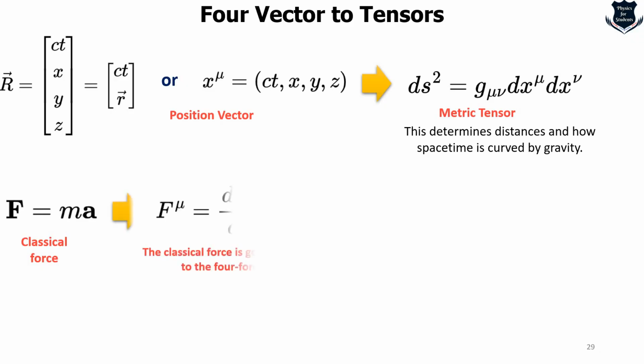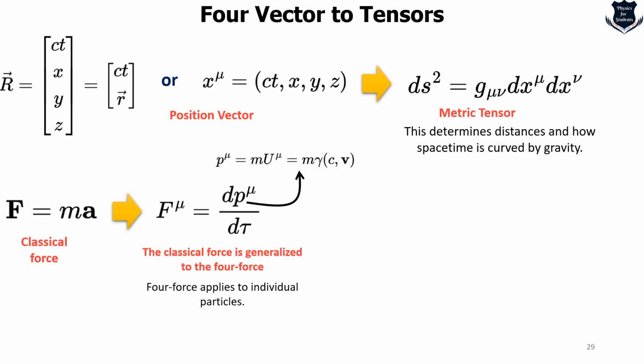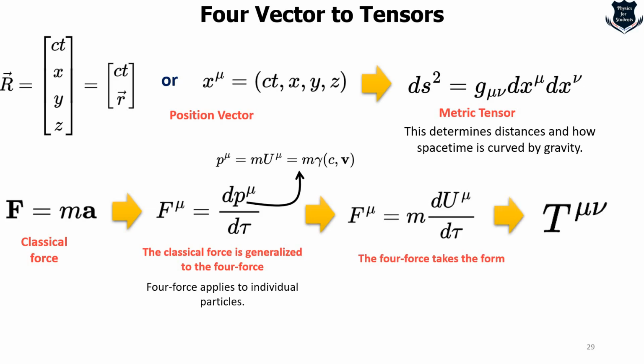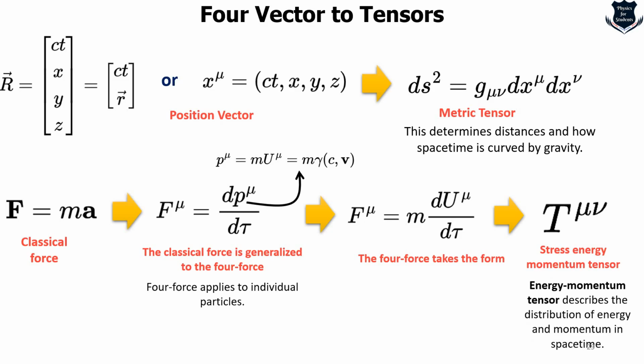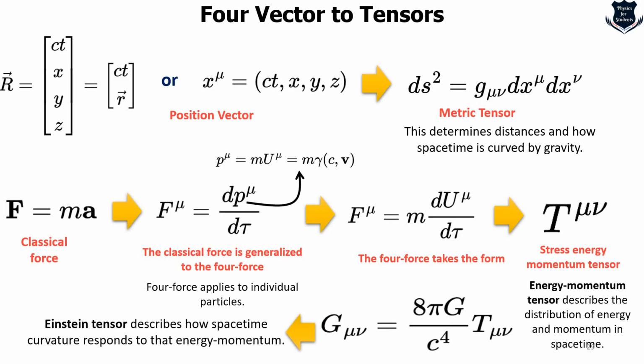The classical force F equals ma, where m is the mass and a is the acceleration, dv by dt, is generalized into what is called a 4 force. This is because the 4 force applies to individual particles, where the momentum can be defined like this. The 4 force takes this form, and then it further evolves into the stress energy momentum tensor, which describes energy and momentum in Einstein's field equation.